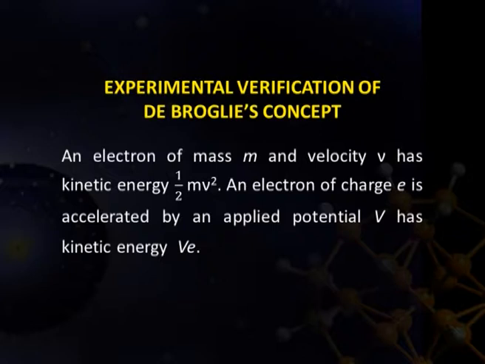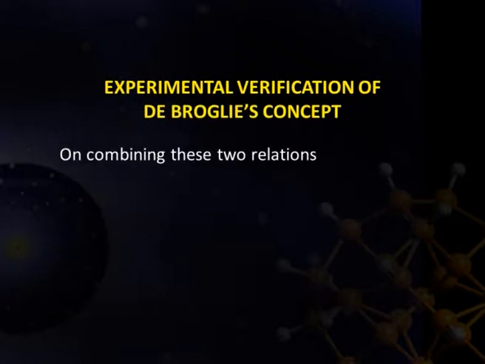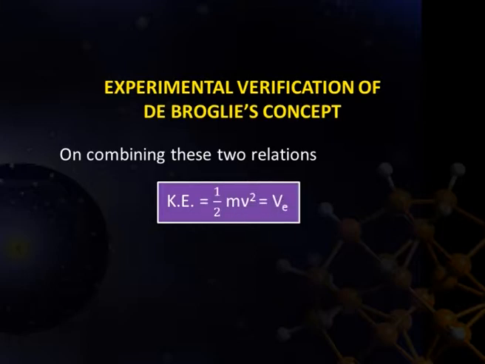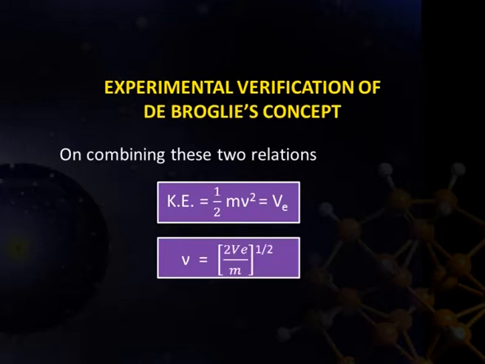An electron of mass m and velocity v has kinetic energy half mv². An electron of charge e accelerated by an applied potential V has kinetic energy Ve. On combining these two relations, kinetic energy = half mv² = Ve, or v = (2Ve upon m) to the power half.